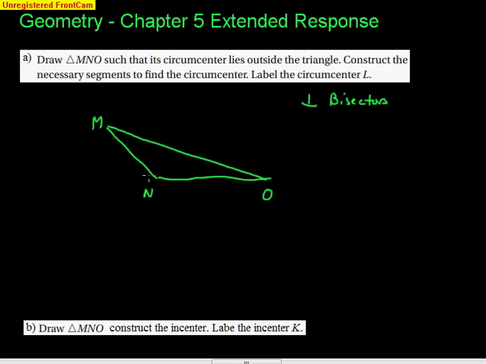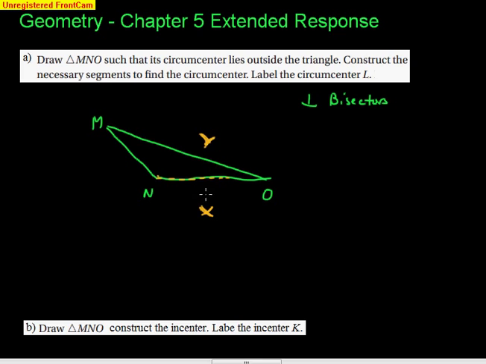Let's do NO. So remember, to do a perpendicular bisector, let's extend our compass more than halfway. So I'm going to use dotted lines on top of my green. So there's more than halfway. And I'm going to raise it up and put an arc up here, and lower it and put an arc down here. That's from N. And then I take the pointy end and I put it on O. And again, it's this far, same compass setting, and I come up here and put an arc up here, and I come down below and put an arc down there.